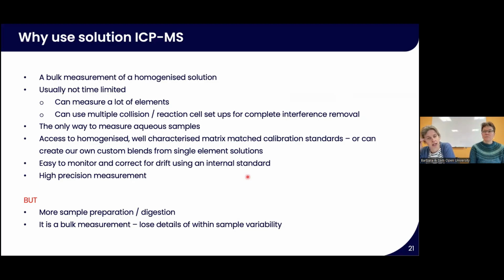A couple of milliliters of liquid is enough for us to measure a lot of elements. I think 4 milliliters is enough for us to be able to measure over 60 elements in 4 different gas modes. So we can get through a lot of material using a solution ICP-MS measurement, and we can use multiple different collision or reaction cell setups in order to completely remove any interferences that might be hampering us.